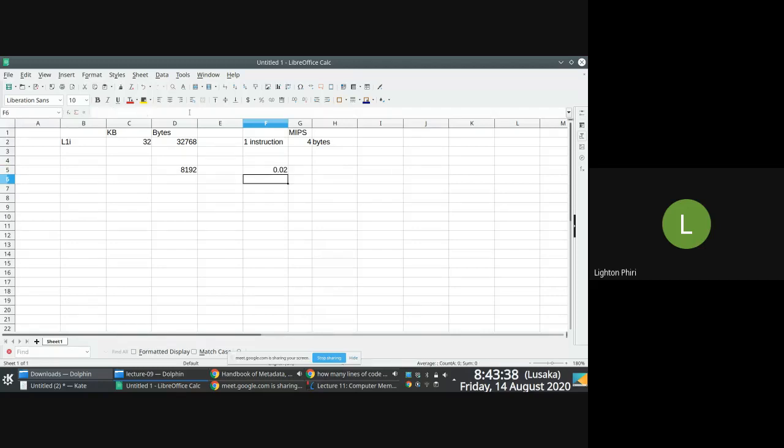What we are saying is that my L1I cache, my level 1 cache, can only cache 0.02% of the instructions associated with just one example application, Windows 10.